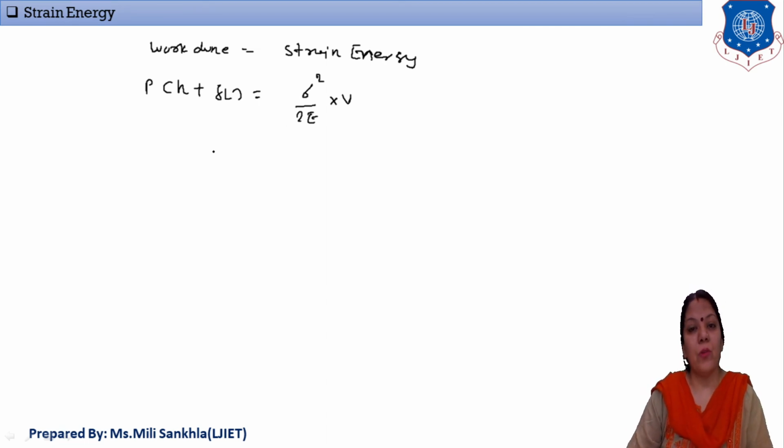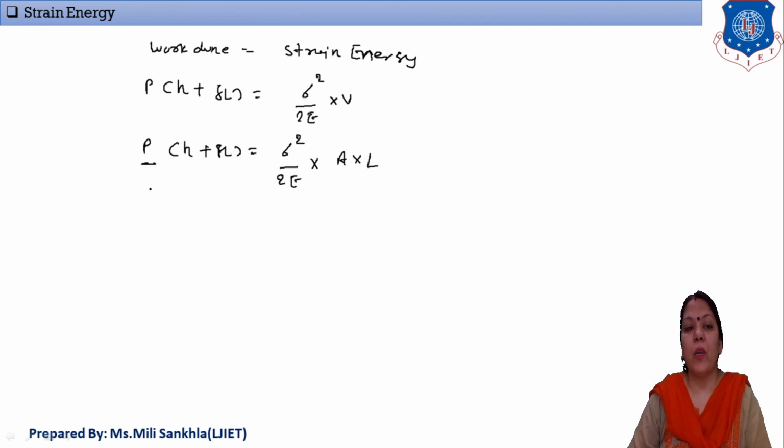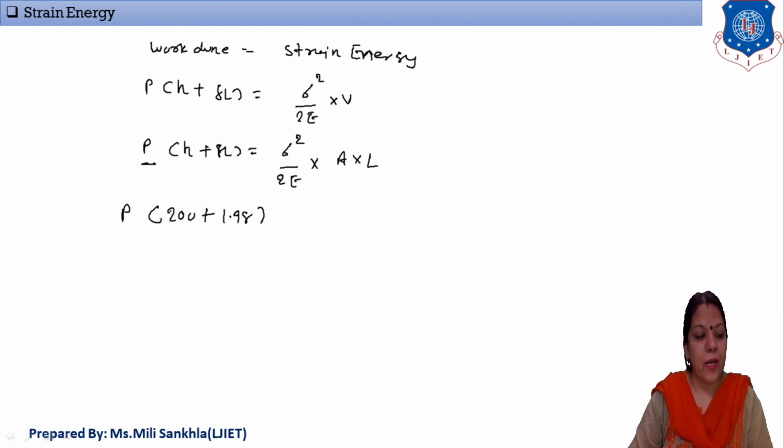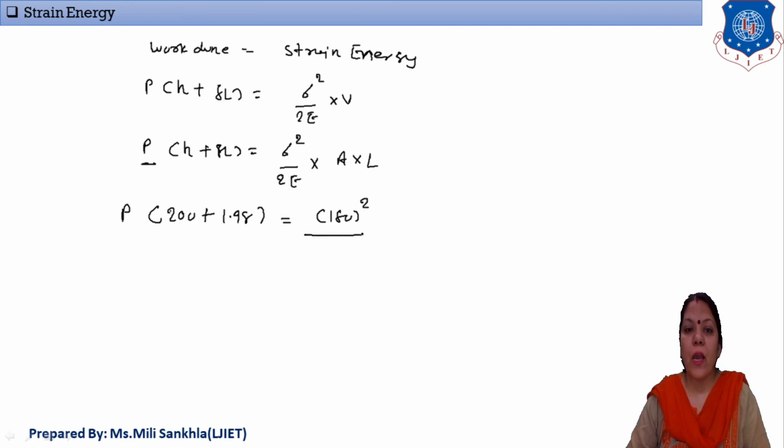Now one by one we put the values here. P into H plus delta L is equal to sigma square by twice E into volume, where volume is area into length. Unknown value is P, so P is as it is. H is given 200. Delta L we recently found, that is 1.98, and sigma square is 180 square. 2E is 2 into 10 raised to 5.